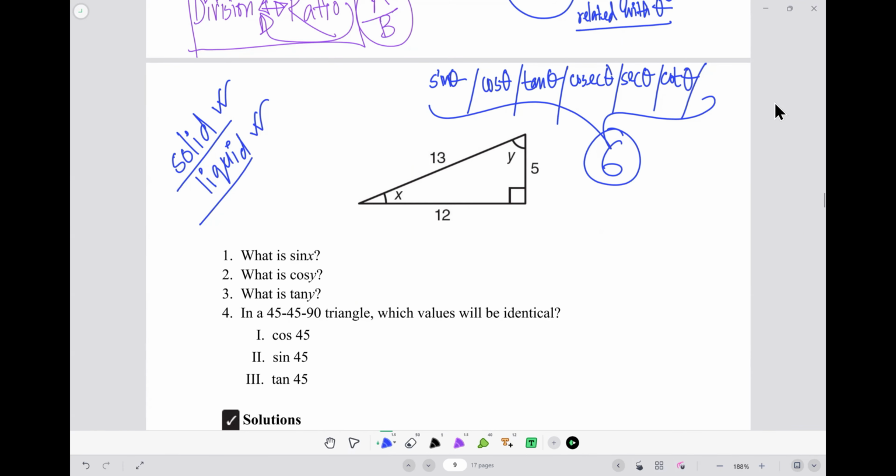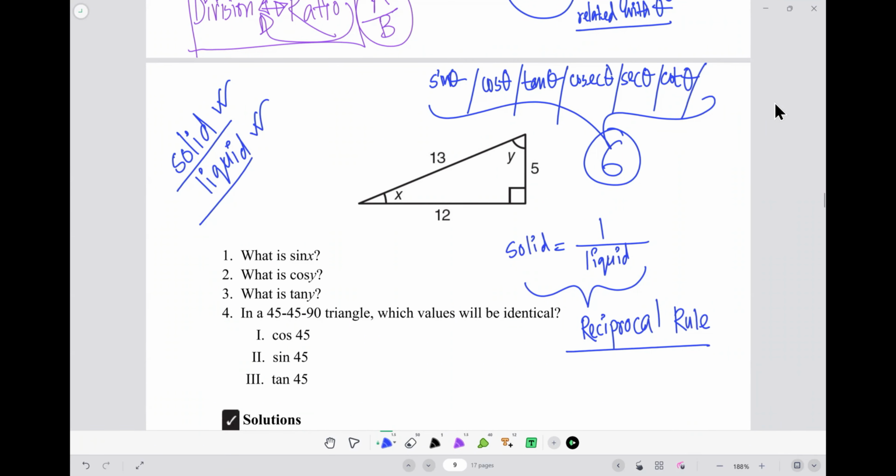So according to the language of mathematics, you can write solid is equal to 1 divided by liquid. This is the language of mathematics, and this is called the reciprocal rule. Do you understand what I'm talking about?